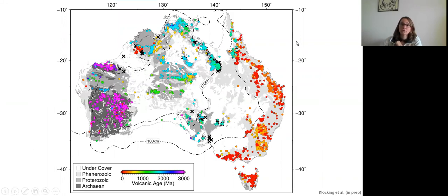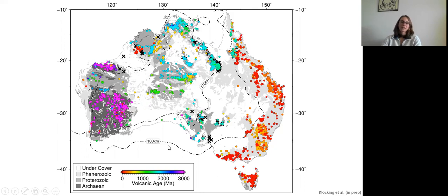Through our collaboration with Geoscience Australia, I got access to a database of all mafic volcanic rocks across Australia from all time, which are all of these colorful circles here. So in the red and orange are your Eastern Australian volcanics, which are the last 30 or so million years. But then you go all the way back to Archean rocks in the Yilgarn.